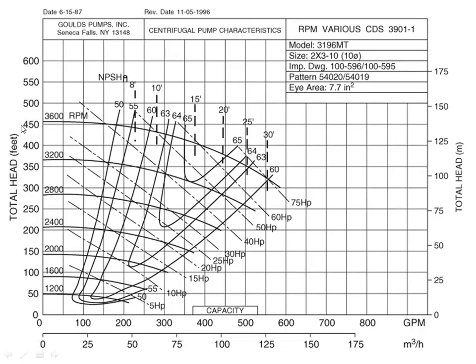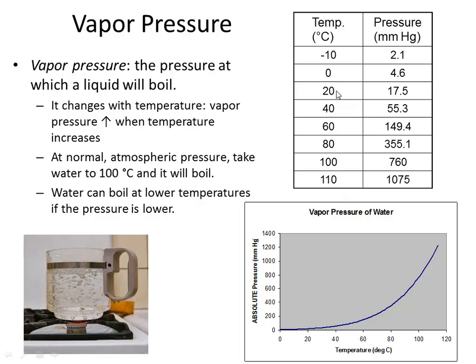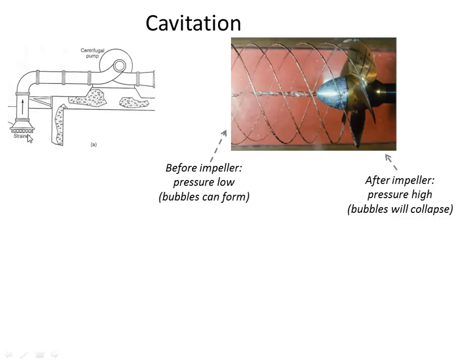You know, it might be that the vapor pressure for water at 20 degrees Celsius, so 17.5 millimeters of mercury, it may be that you're not even close to being that low in terms of the absolute pressure in the suction side of the pump pipe, but when you get inside of the pump, because of the huge differences in pressure at the actual impeller, that's where the cavitation will form.